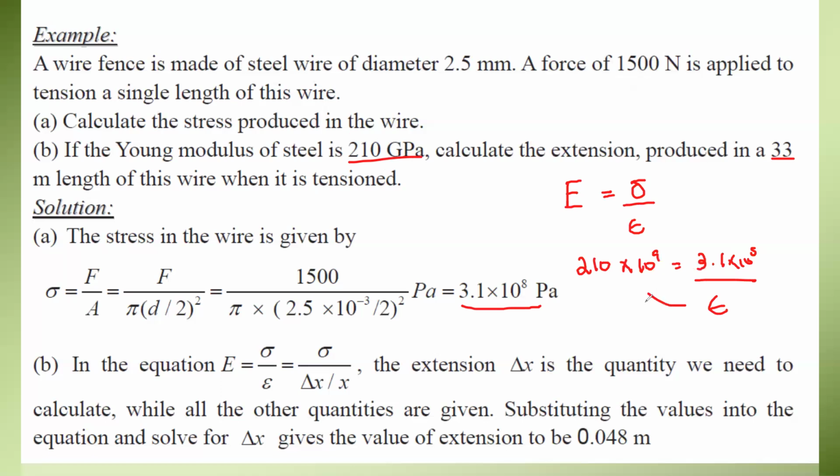So first we work out the strain, cross multiply. The strain will be equal to 3.1 exponent 8 divided by 210 exponent 9. What is the value for the strain?